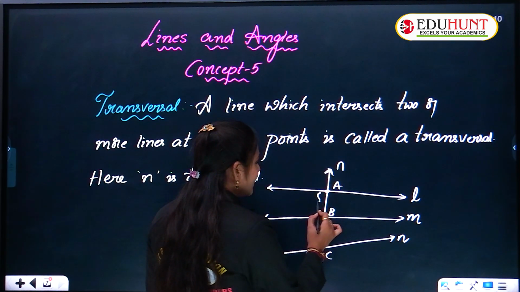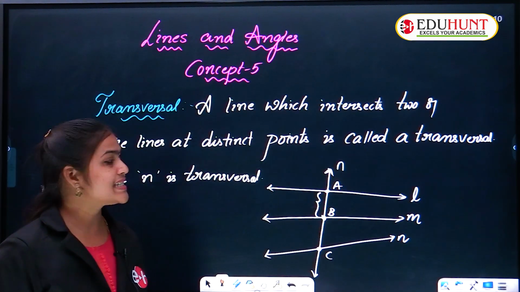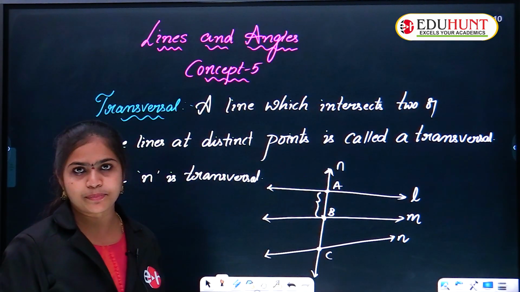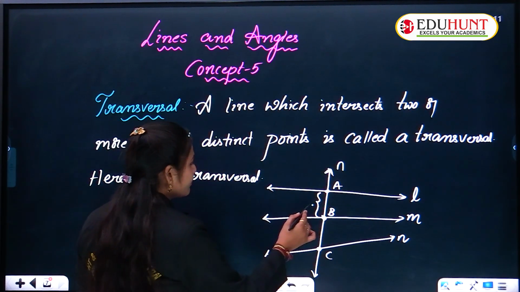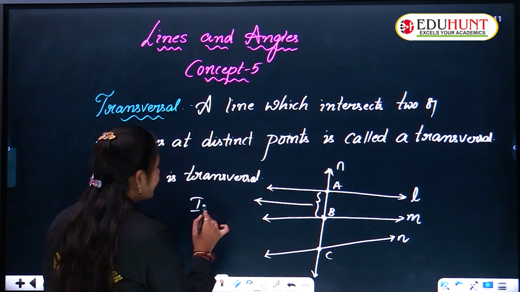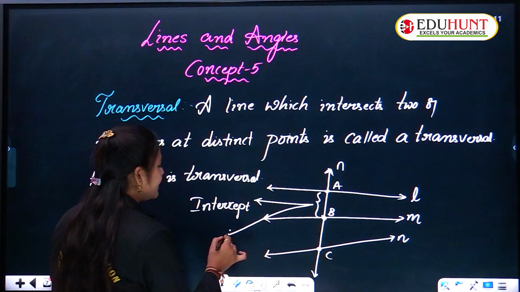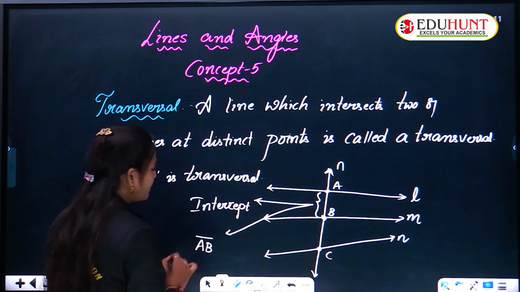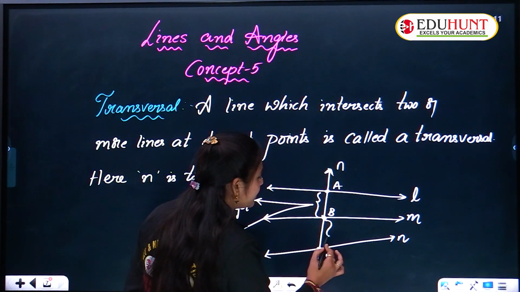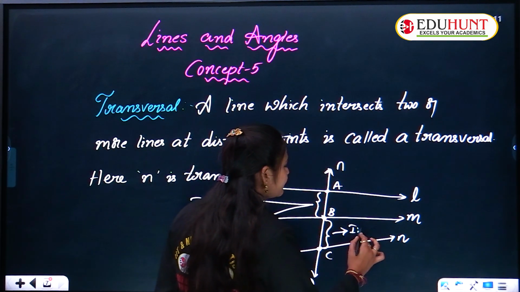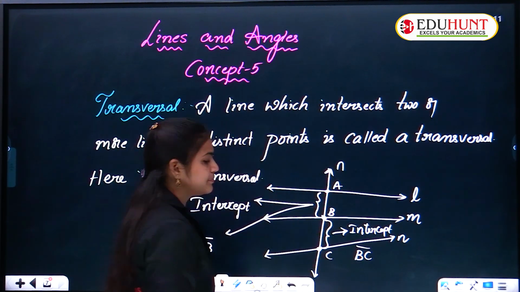The distance between A and B. The distance between two distinct points on a transversal is called an intercept. So the distance AB is called the intercept. How can we write this? Intercept AB. This is the representation. See that the distance between B and C is also called an intercept, and we can write this as BC.